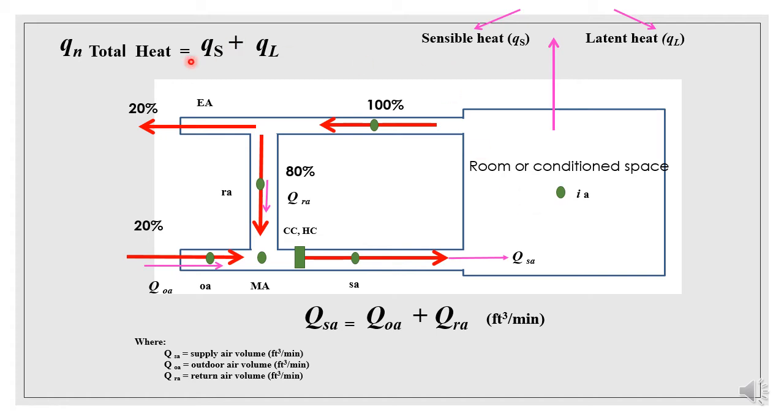It is very important to note that the total heat is equal to the sensible heat plus the latent heat. So both types of heat must be overcome in order to cool any space.